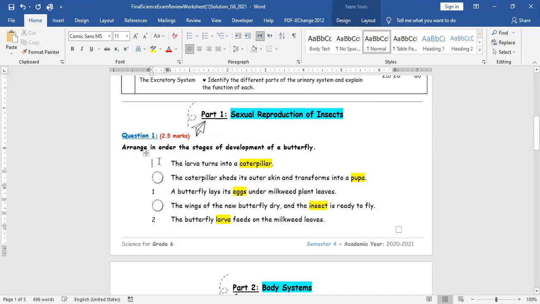The larva turns into a fully grown larva, which is the caterpillar, into a pupa, and then the pupa into an adult. Egg, larva, pupa, adult. These are the 4 stages of metamorphosis of a butterfly.